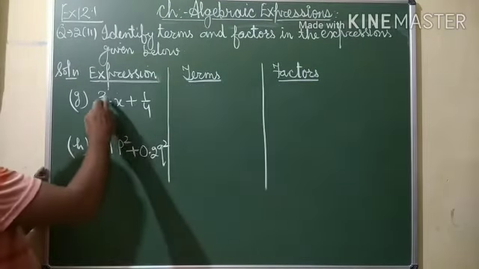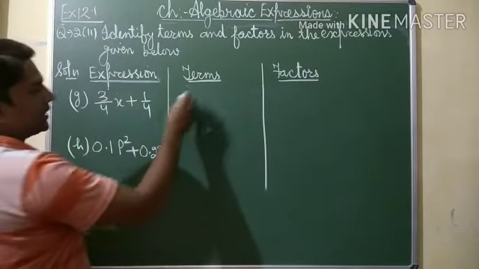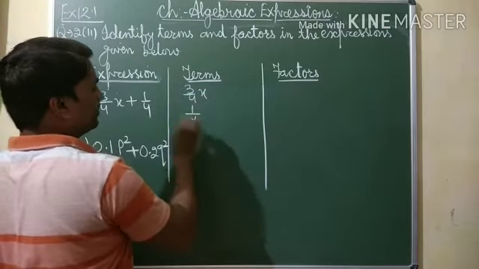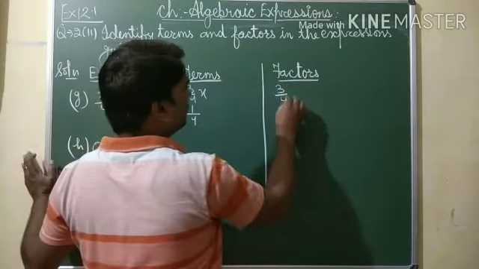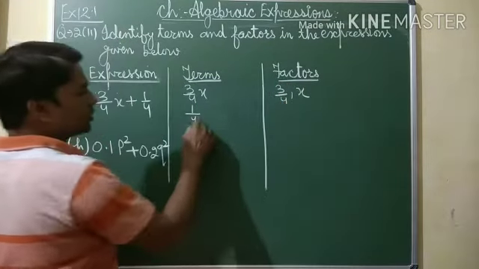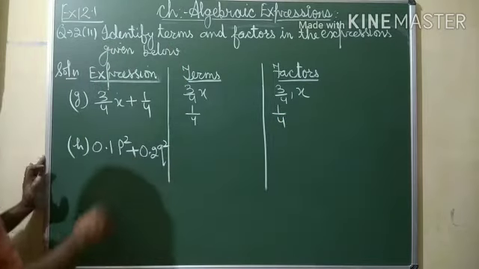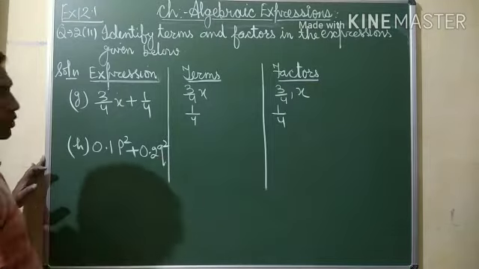Next expression is 3 by 4x plus 1 by 4. Since this expression contains the terms 3 by 4x and 1 by 4. Now factors of 3 by 4x be 3 by 4 comma x and factors of 1 by 4 be 1 by 4 as it is. Next expression is 0.1 p square plus 0.2 q square.